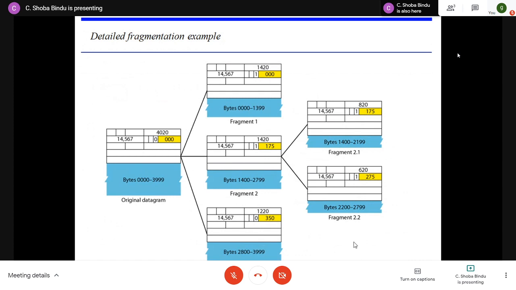So this is how you are going to represent these 3 fields here: the identification field, the flags field, and the last one is the offset field. So this is how you are going to fragment a large datagram into segments, and this segmentation will be based on the underlying network.